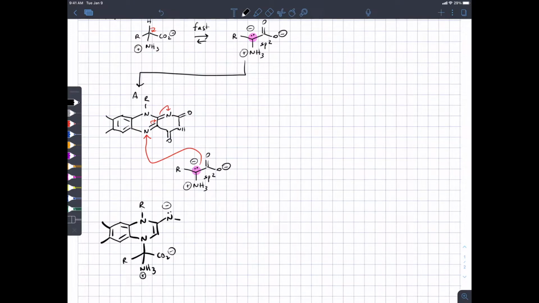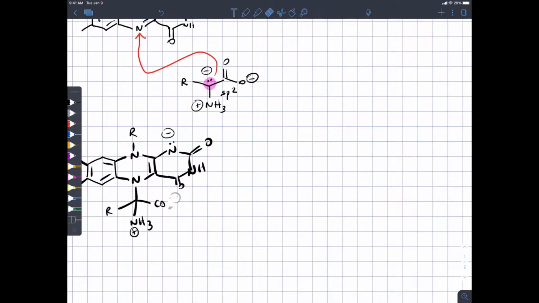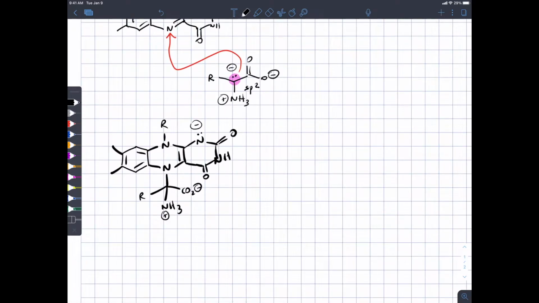And we'll just stop there for this particular, oh man, I think my drawing skills have gone down a little bit. Okay, so this is an intermediate, and notice that at the carbon that used to be sp2 hybridized, we're now probably sp3 hybridized.